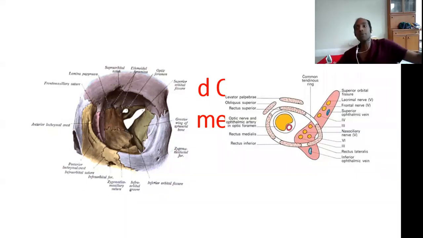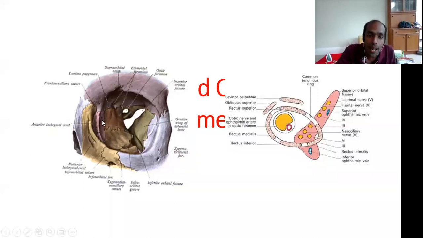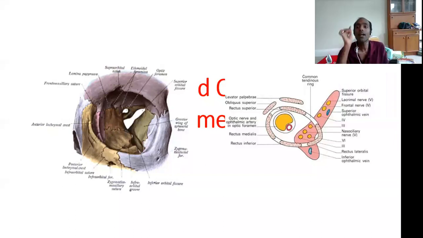There is no trigeminal nerve anymore. What is the nerve which is in close relationship? It is the optic nerve. So if there is a lesion in the orbital apex, you get again complete ophthalmoplegia because 3, 4, 6 all are gone. And what else are you going to get? Low visual acuity on the side.